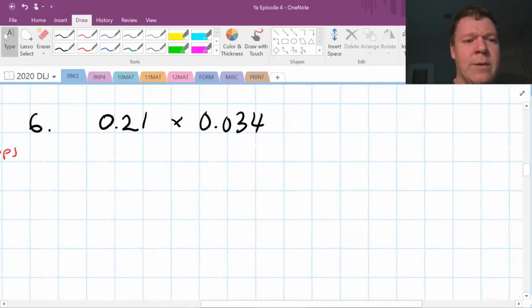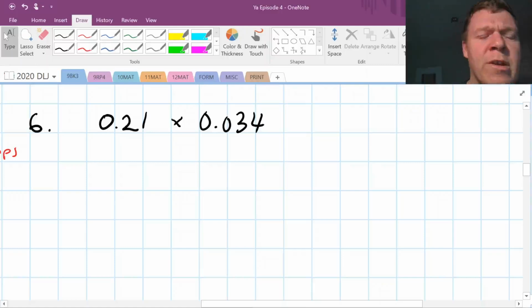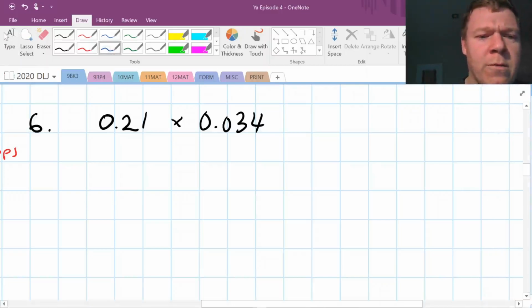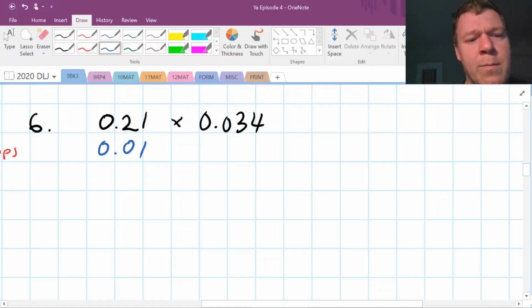Alright, next one probably won't be as ridiculously small. So I'll try and use that method again. If I was to pull a decimal out that was 0.01 or 0.0001 or whatever, then it would be that size.